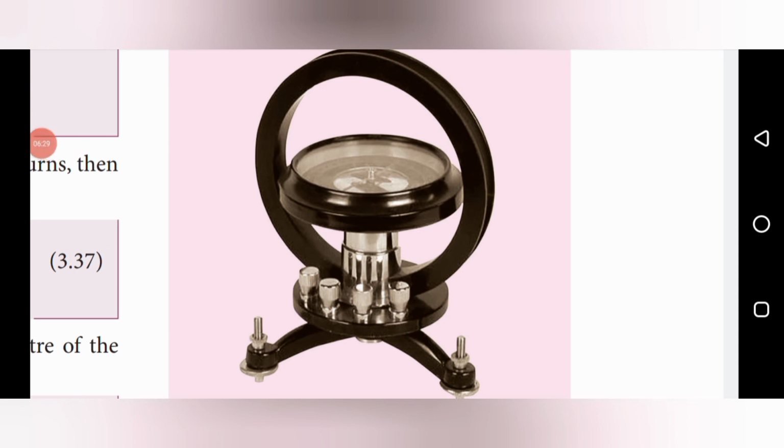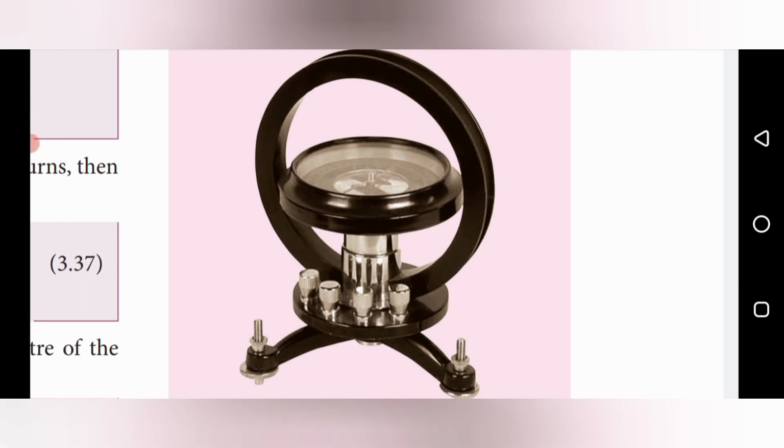Then the next topic: tangent law and tangent galvanometer. This is the instrument, the tangent galvanometer. A galvanometer is generally used to find the current flowing in a circuit. This also works under the principle of the tangent law, so that's why it is called a tangent galvanometer.